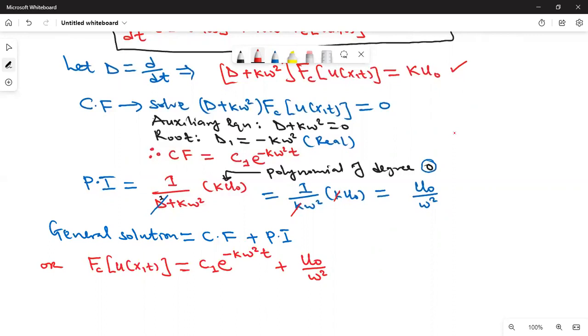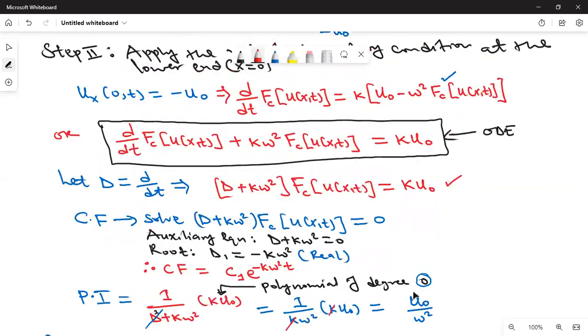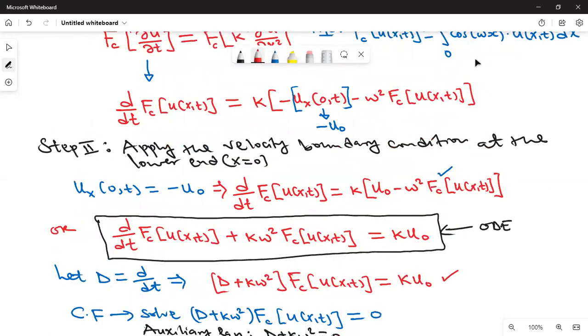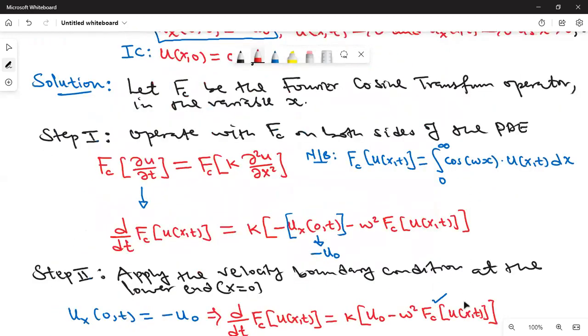Now, what is the other step? You need to find the value of the arbitrary constant C1. So what we do here is to apply, you see already we have applied the boundary condition. We still have the initial condition to apply.